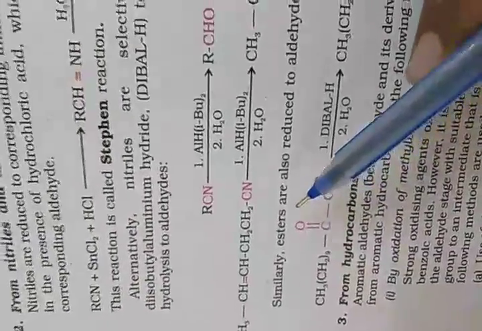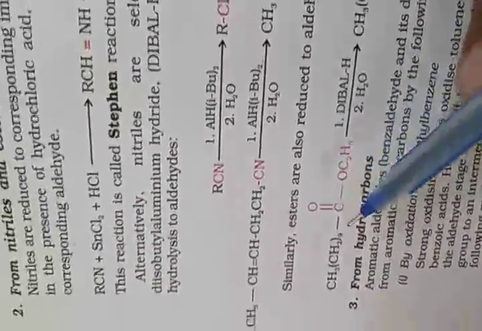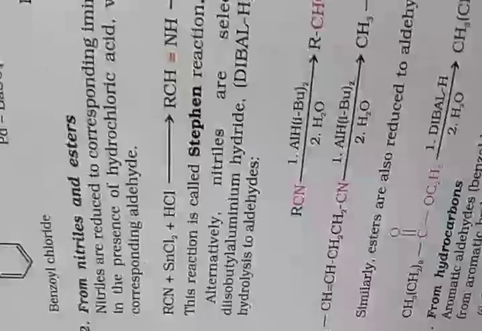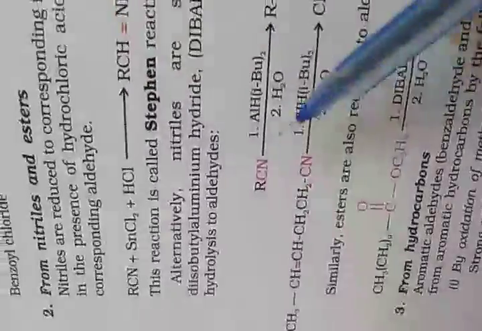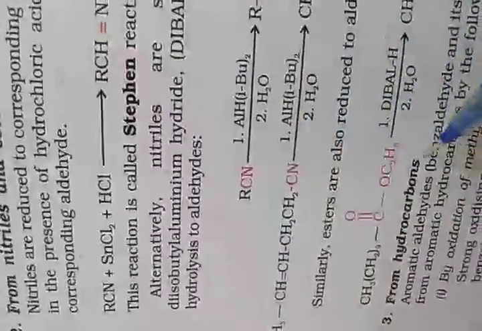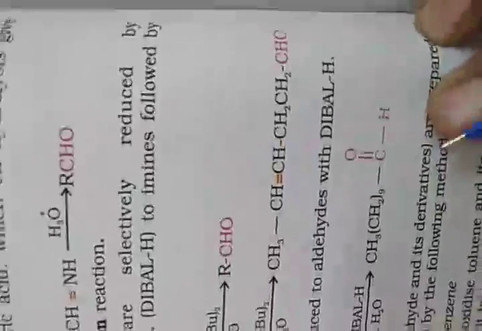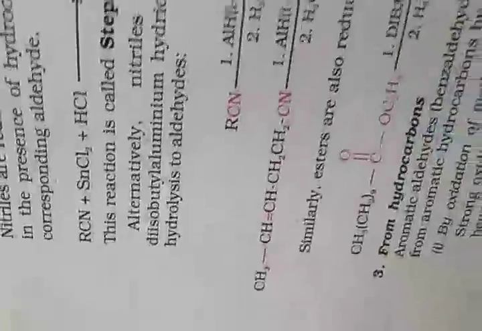This is the example of a nitrile and this is the example of COOR, that is called an ester. The ester is reduced into the corresponding aldehyde, the CHO group. So you only have to convert this.